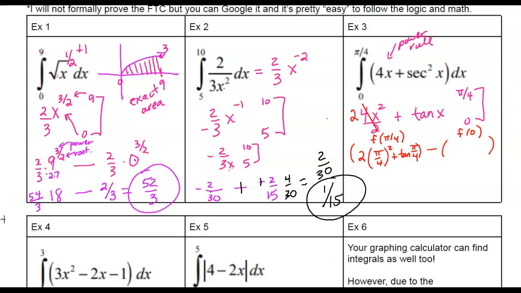And we'll worry about that in a minute. Minus, I want to put in parentheses if I plug in 0. So I would have 0 plus the tangent of 0. Now, I don't know if we've done tangent for a while. So you're going to have to remember tangent has an asymptote at pi/2 and negative pi/2. And so the tangent of 0 is 0.